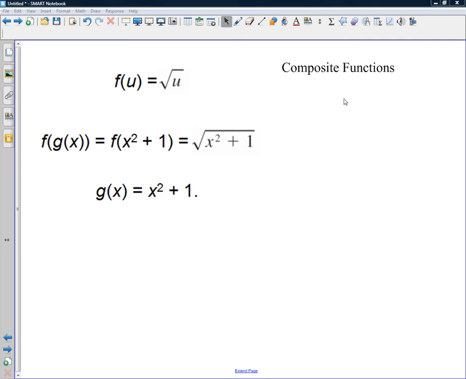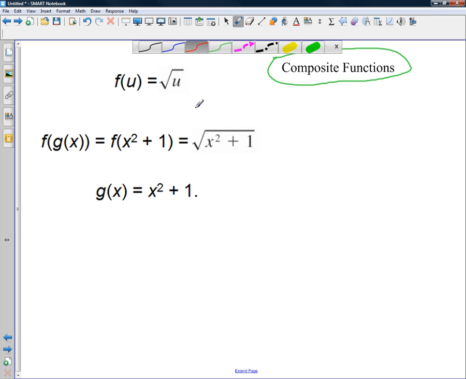This last group is what we call composite functions. Let's get my pen activated here. Composite functions. And let's change colors back to, well, let's make it red. And let's consider the function f of u. And let's say f of u says, all right, what I do is I take the square root. I'm the square root function.